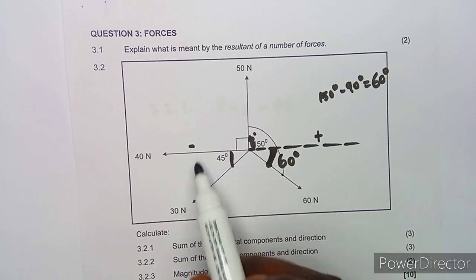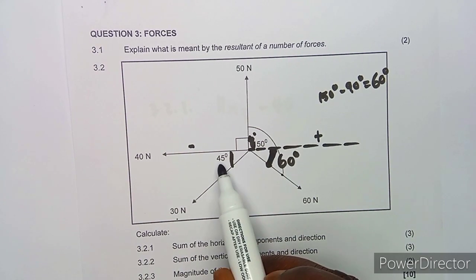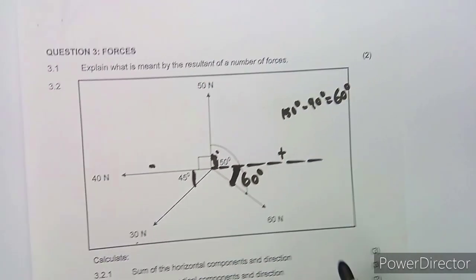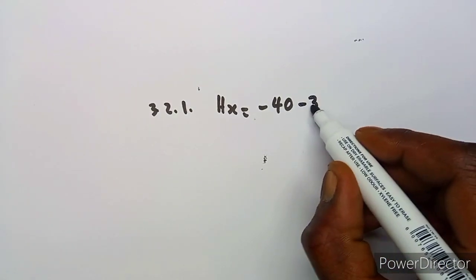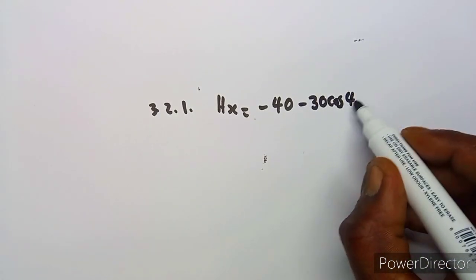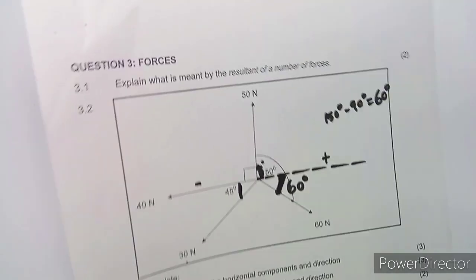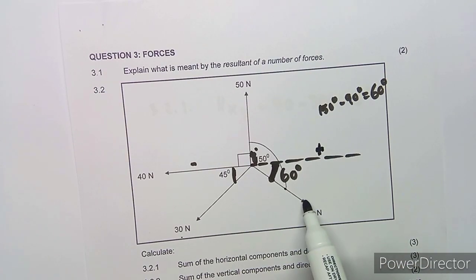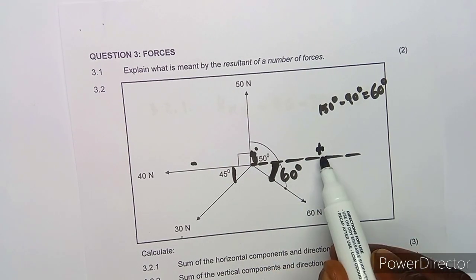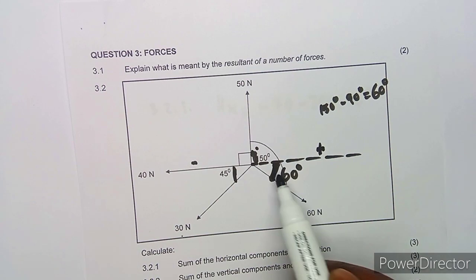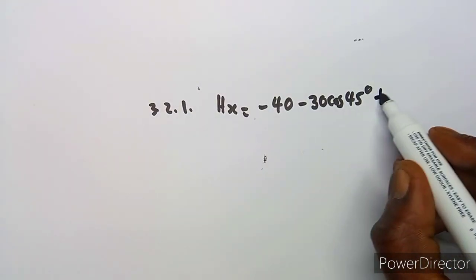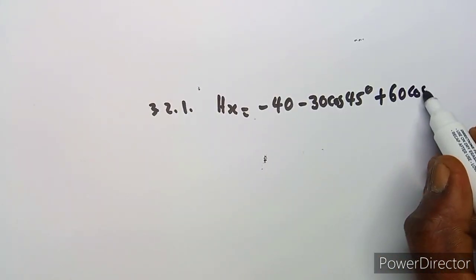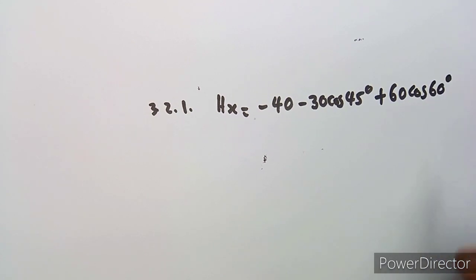Going back to the horizontal, it's going to be 30 cos 45, but carrying a negative, so it's going to be minus 30 cos 45. Okay, we move on to this side. We said this one is a positive, so it's going to be 60 cos 60 going to the horizontal, so it's 60 cos 60, but it's a positive, this one. All right, so that's what you're going to have in this case.